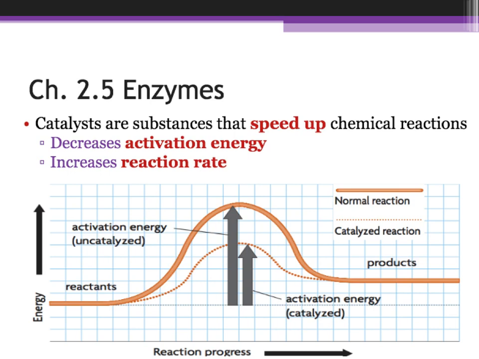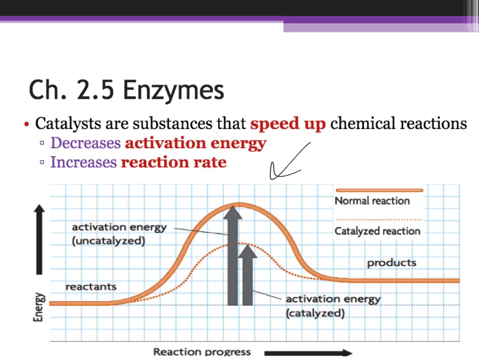Enzymes are a type of catalyst in living things. They can be used in other places as well, but we find them in living things. They speed up the chemical reaction by decreasing the activation energy that's needed to get the reaction to go. And when that happens, it's going to make it go faster.